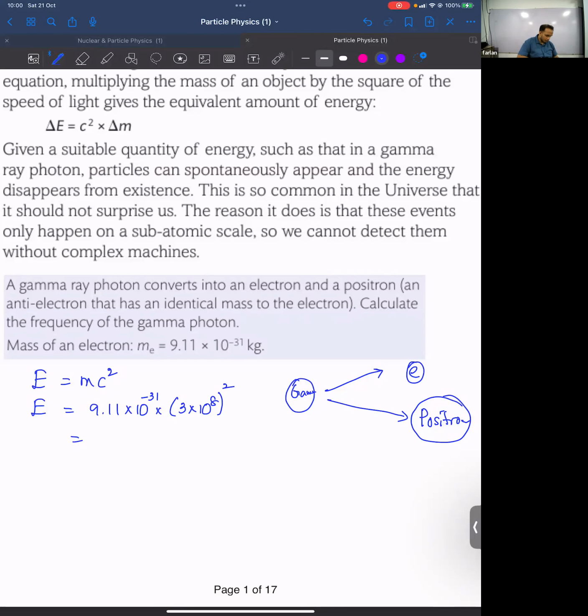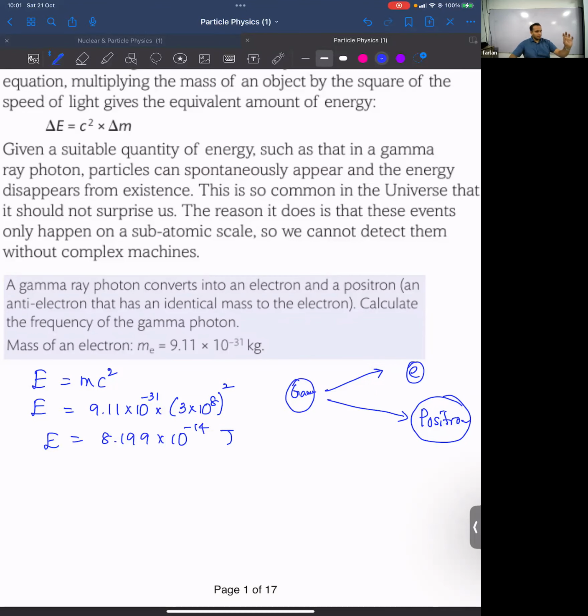What's the difference between a proton and a positron then? Masses are different. The mass of a positron is the same as the electron. So this will give you an energy of 8.199 into 10 to the power minus 14 joules. Do you agree with me?